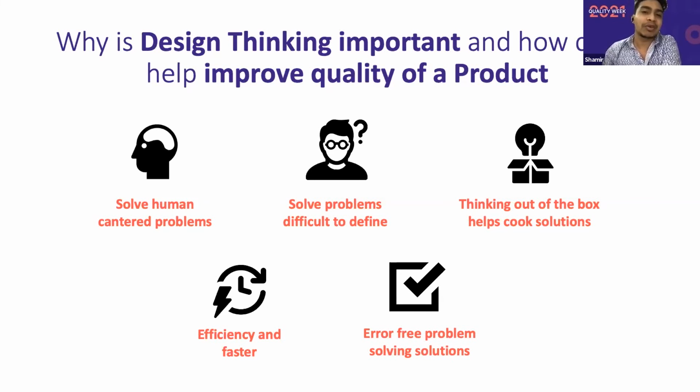Then you go back to the ideation part, prototype it again and test it again. Okay, have a look now. Okay, I think yeah, now this works fine. I think this solves the problem. So likewise, when you do this process back and forth, even before you design the product, it will help you to make the solution error-free.